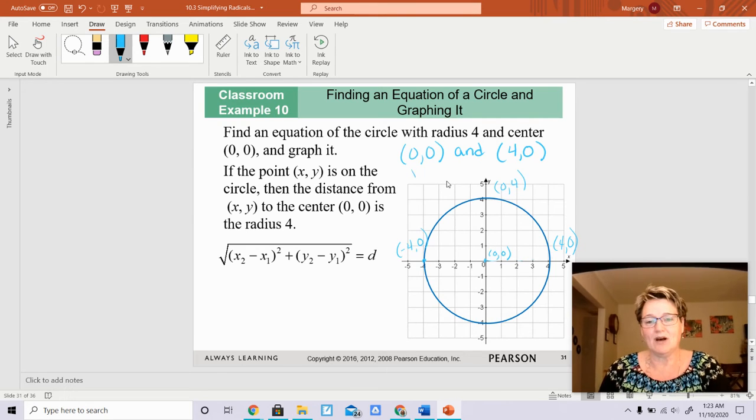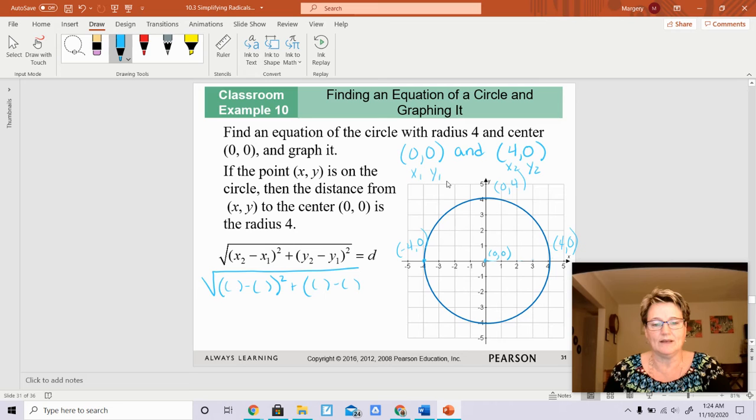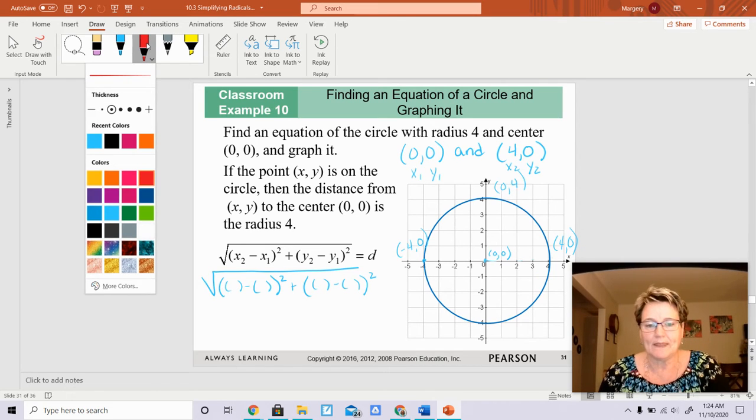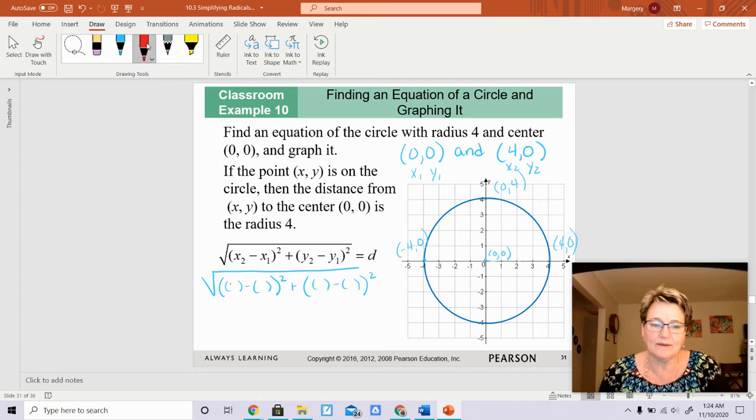So I'm going to call this x1, y1. I'm going to call this x2, y2. And I'm just going to use this formula. So the formula is x2 minus x1, whole thing squared, plus y2 minus y1, whole thing squared. Let me change colors. All right. My x2 is 4.